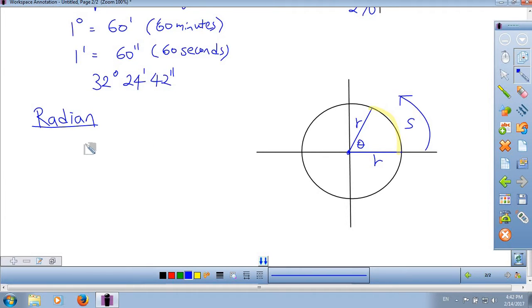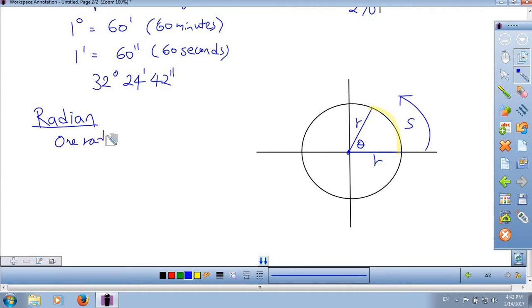So the radian measure, very simply speaking, is the arc length that's being traveled, being rotated, divided by the radius of the circle. Now mathematically, let me give you a more precise definition.